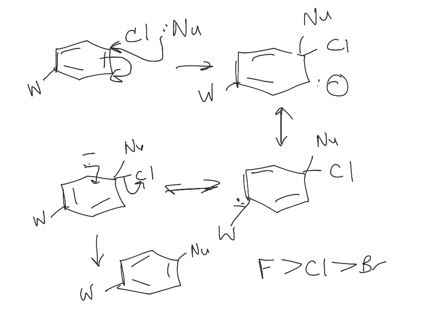Our second mechanism is called elimination addition. So here you have elimination happen first, and then you have addition. Our intermediate is called benzyne. So it looks like benzene, only it has a triple bond in it. You don't need electron withdrawing groups for this kind of mechanism.